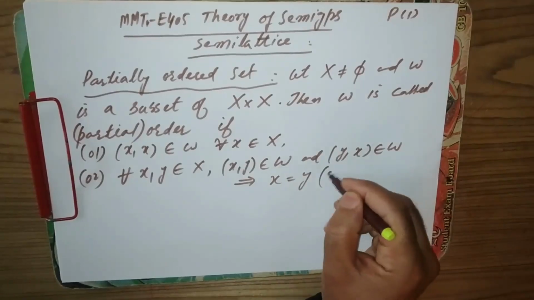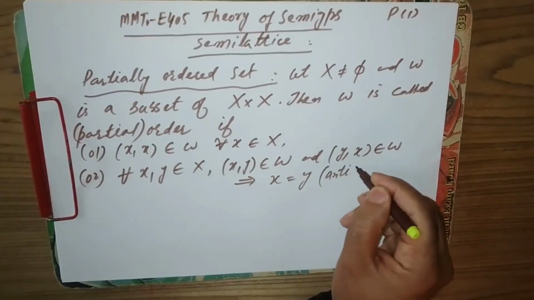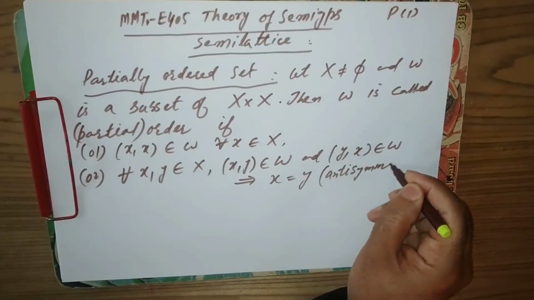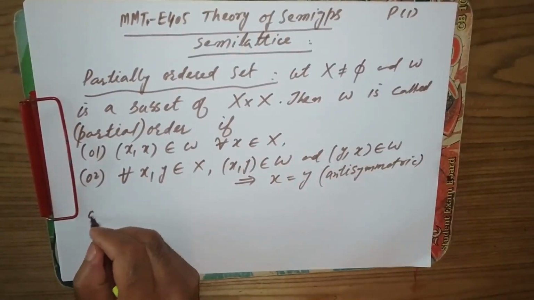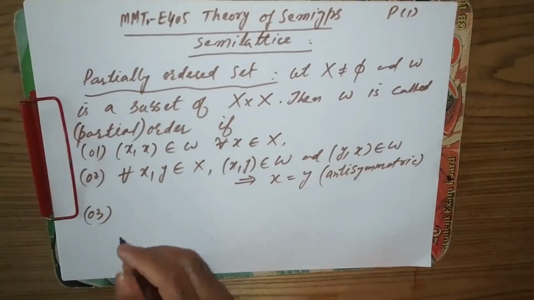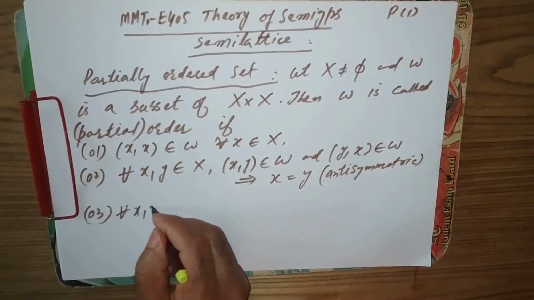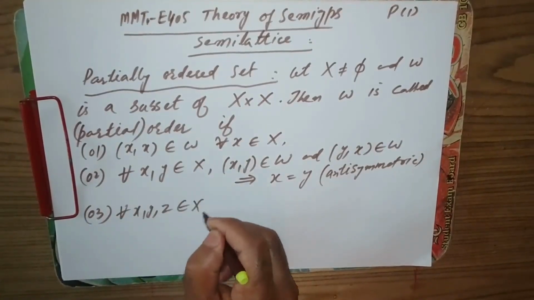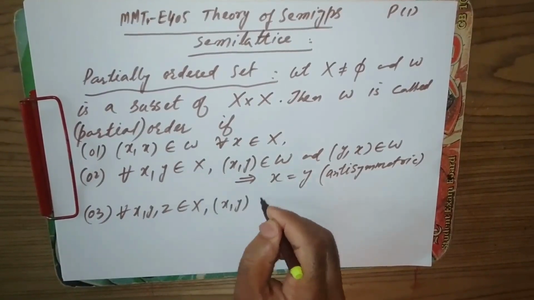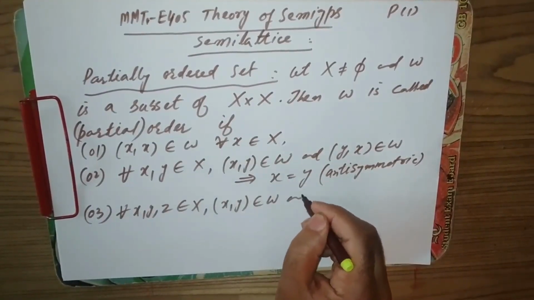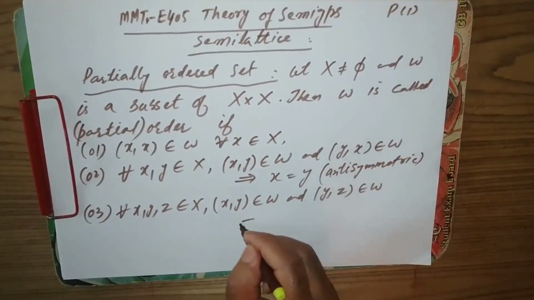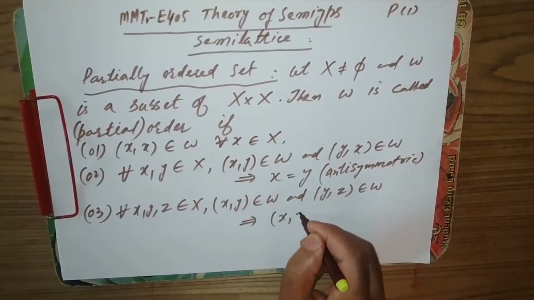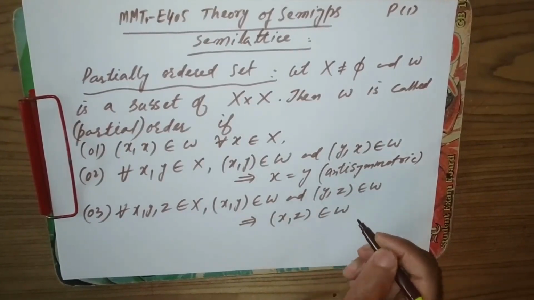So this is called antisymmetric. And third property is it should be transitive. Transitive means for all x, y, z belongs to X, with (x, y) belongs to omega and (y, z) belongs to omega, this implies (x, z) belongs to omega.